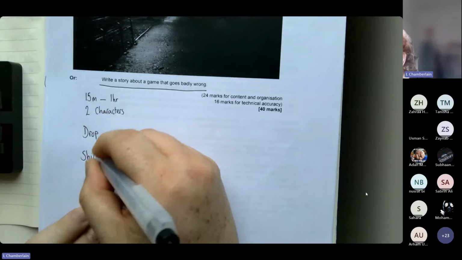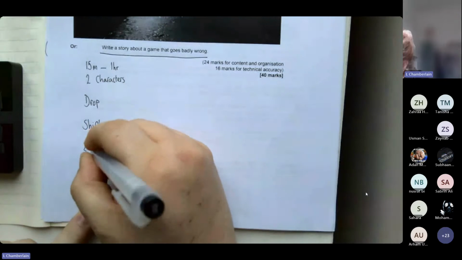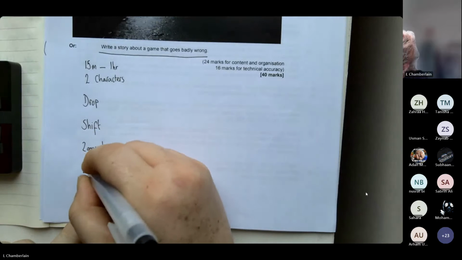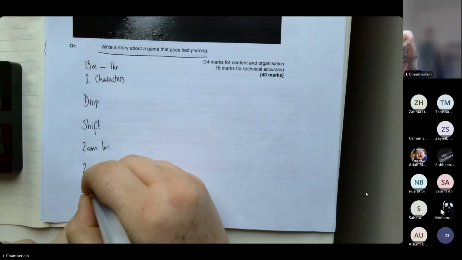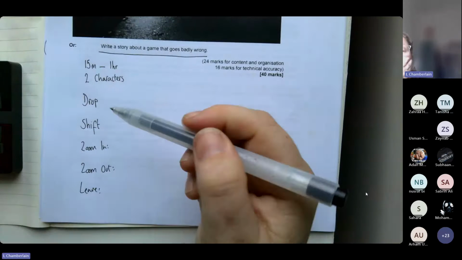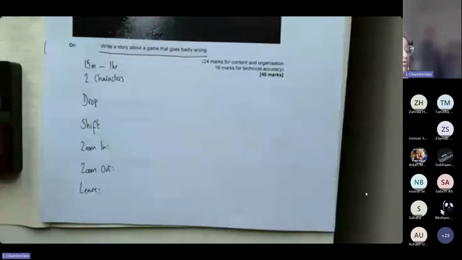So I want to remind you of the format that your teachers will have been showing you throughout all of your prep time. That's your drop, shift, zoom in, zoom out, and leave. Now, each of these could be a paragraph. Each of these could be 2 or more paragraphs.